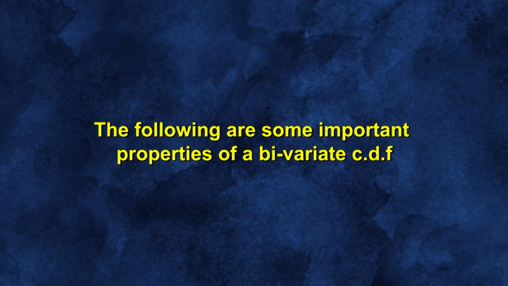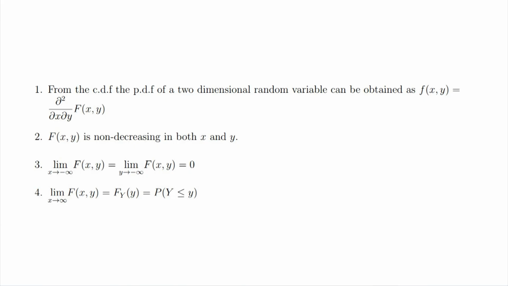The following are some important properties of a bivariate CDF. From the CDF, the PDF of a two-dimensional random variable can be obtained as f(x,y) is equal to the second partial derivative, dou square by dou x dou y, of F(x,y). F(x,y) is non-decreasing in both x and y.